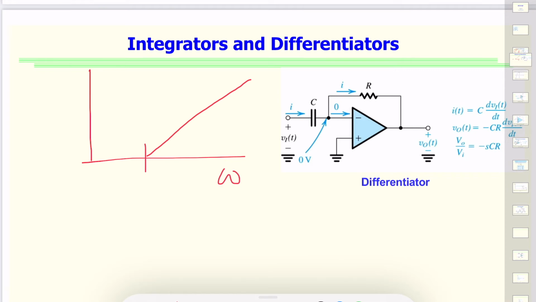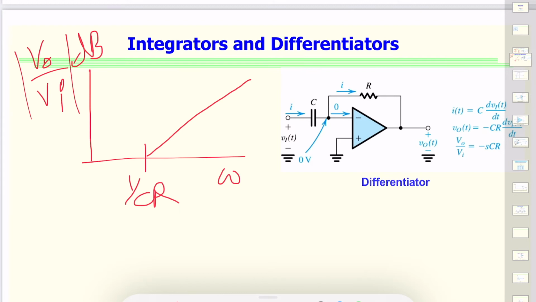So omega is on log scale. This is also in dB, the gain, and this is then the cutoff frequency, or we would also call it the differentiator time constant. And now we can see this is a high pass filter. Everything would go above that frequency and not below that.